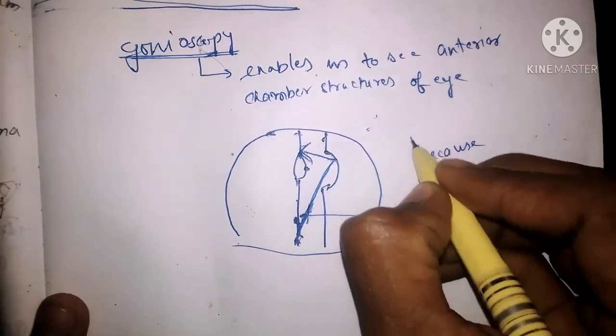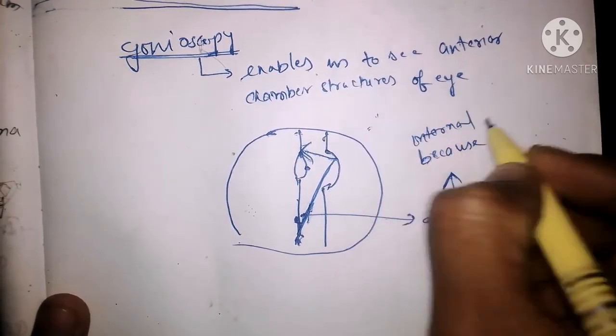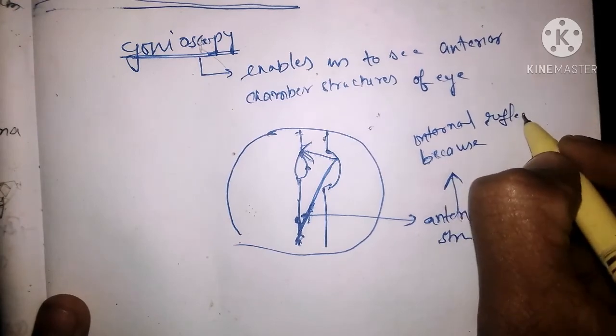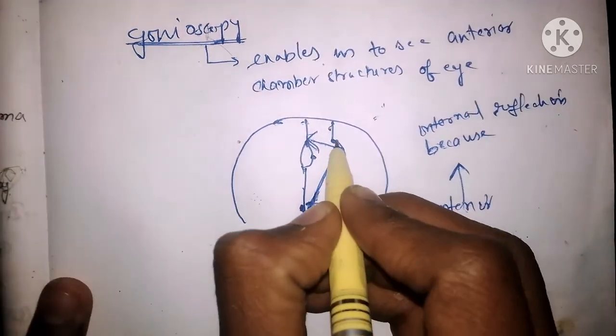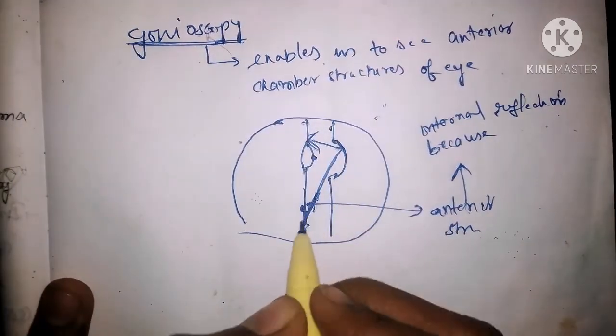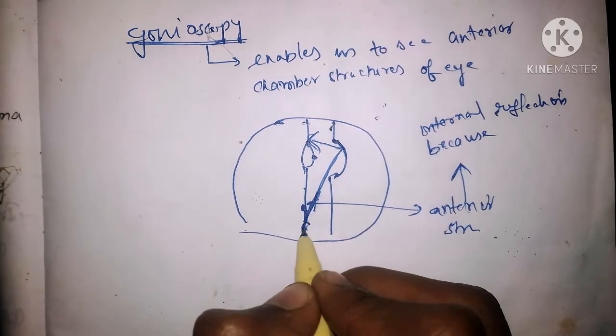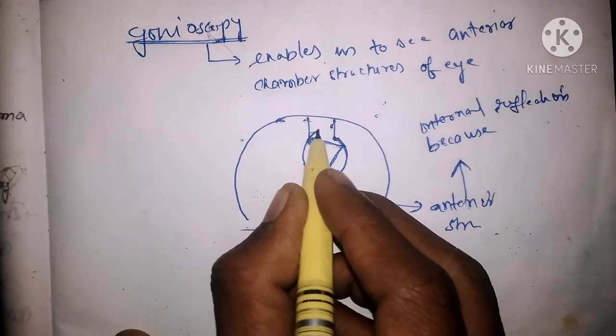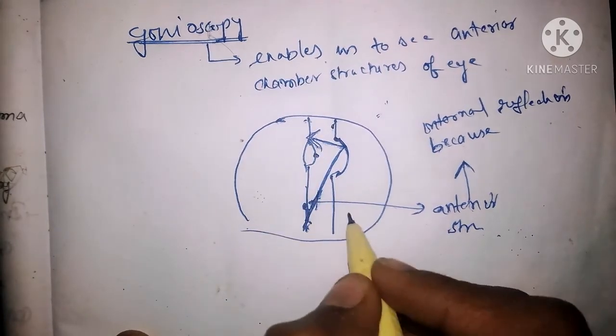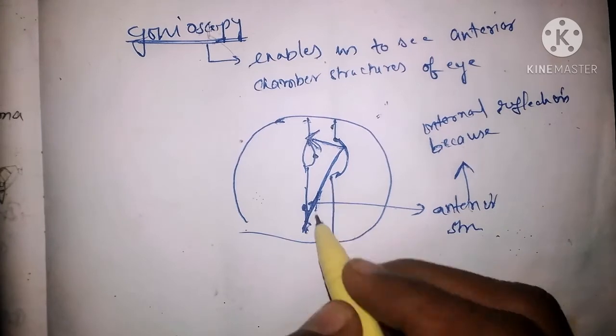Because of internal reflection at the cornea. This light ray which is coming from anterior chamber structures is getting internally reflected. Clear? Due to this we are not able to see these structures.